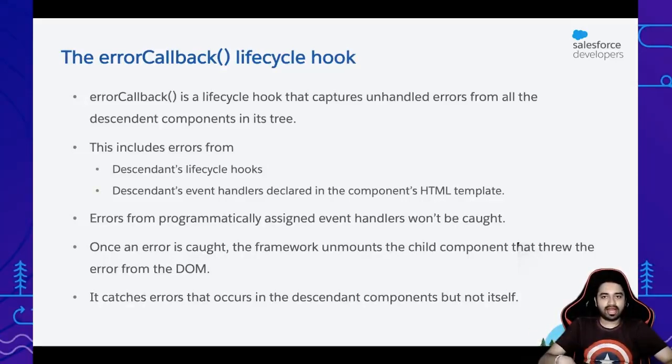But if you're assigning the handler through JavaScript by saying this.template.button.addEventListener, in that case, the error callback hook is not going to get executed for any errors happening within programmatically assigned handlers. Also, it only catches errors from its descendant components. Any errors happening within the component itself will not be caught in the error callback. And finally, the framework is going to unmount the child component.